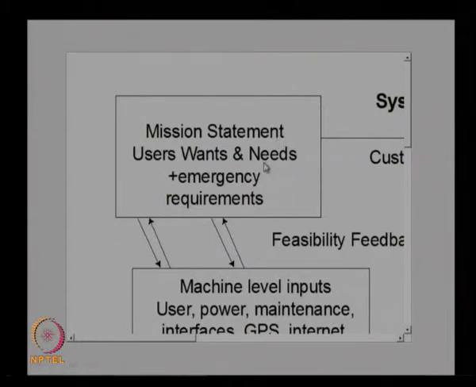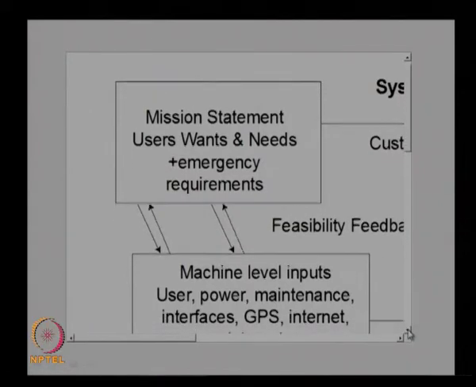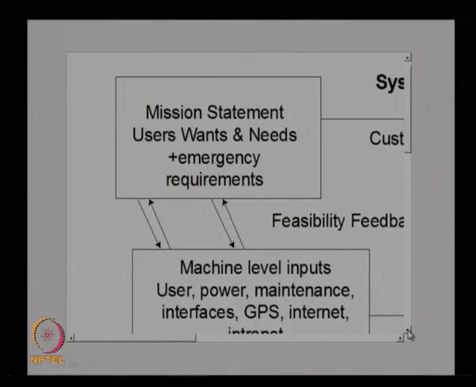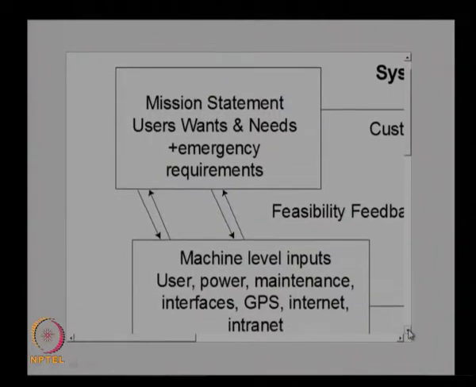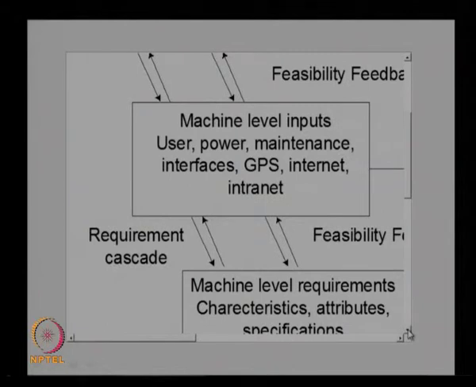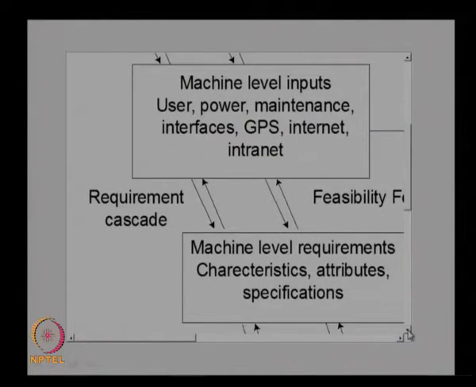So we start with the mission statement, user wants and needs plus emergency requirements, which we already identified some of, and then we go to the next level where we identify the machine level input requirements, user power, maintenance and interfaces, then GPS, internet and intranet requirements, and then we go for the requirements of characteristics and attributes and the specifications of the individual components needed.